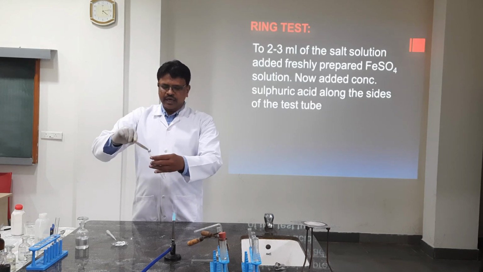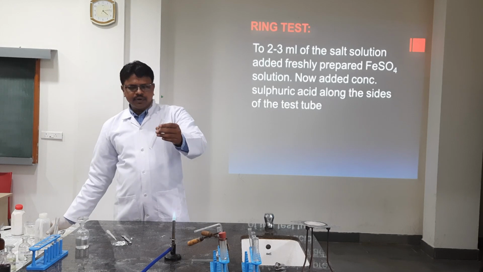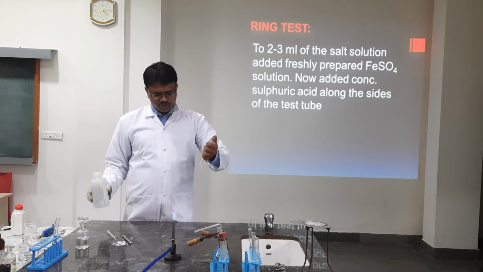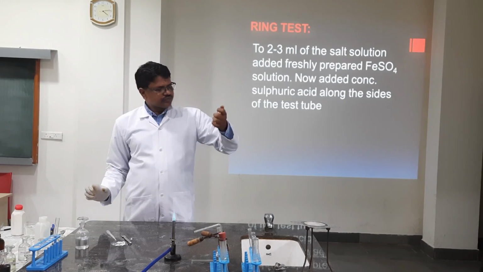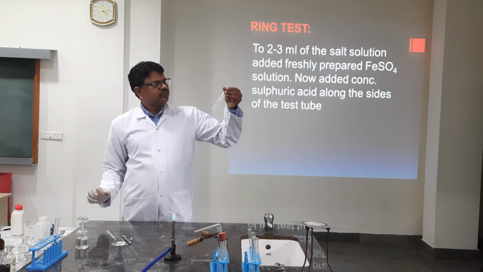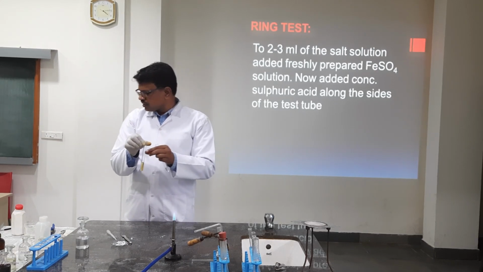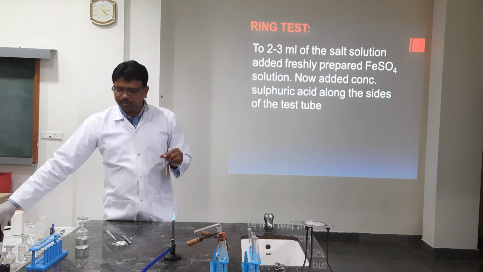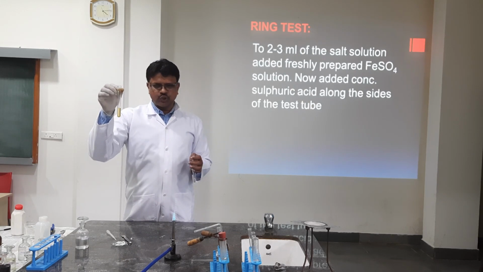To this, I am going to prepare the original solution, salt plus distilled water, in which the salt is going to dissolve. Okay. Next, to this, just now I prepared ferrous sulfate solution. In this, we should use freshly prepared ferrous sulfate solution. I mean to say that iron should be in the +2 state.